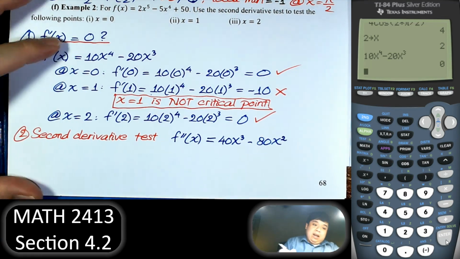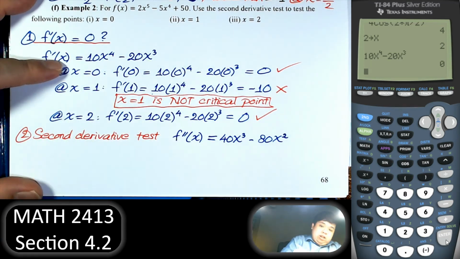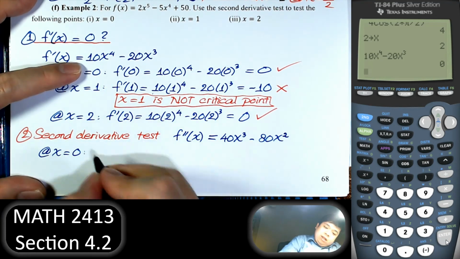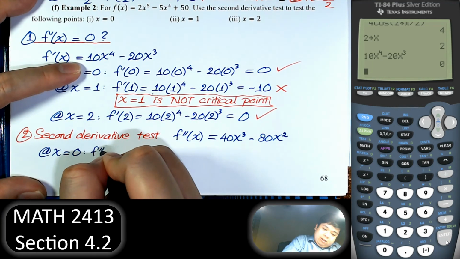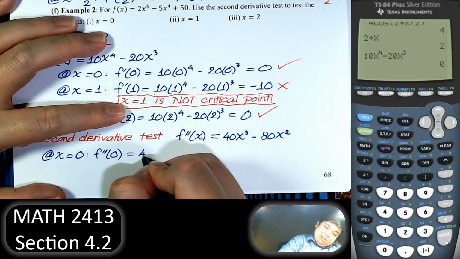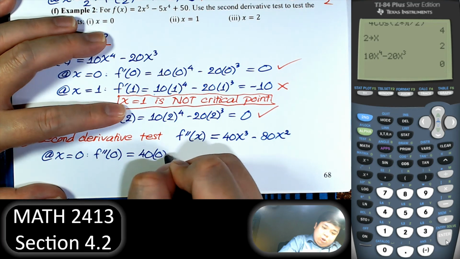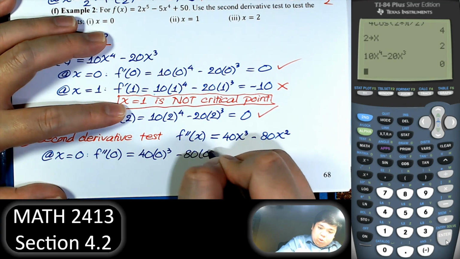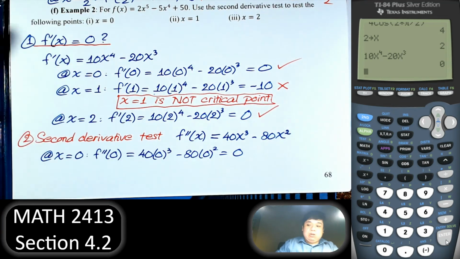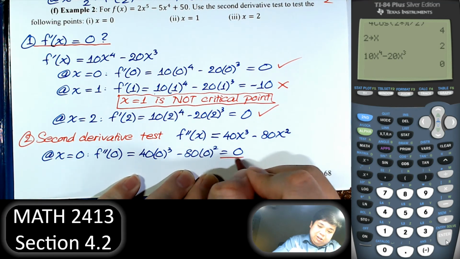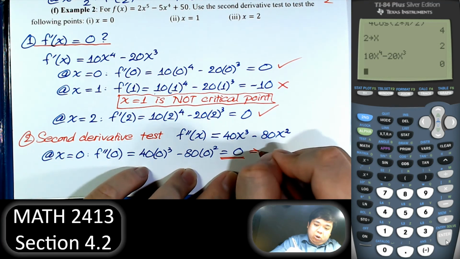Right, now I test 0 and 2. At x equals 0, the second derivative at 0 is easy: 40 times 0 cubed, 80 times 0 squared, that is 0. Now second derivative equal to 0, it is inconclusive.